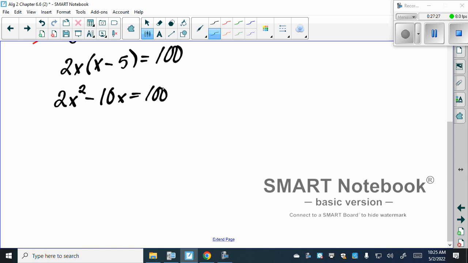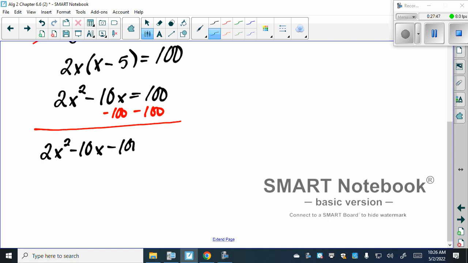Well, we do have a variable with a power greater than 1, which means we need to get everything on the same side and get this equal to 0. Because what we have here is a quadratic. This tells us that we have 2x squared minus 10x minus 100 is equal to 0.